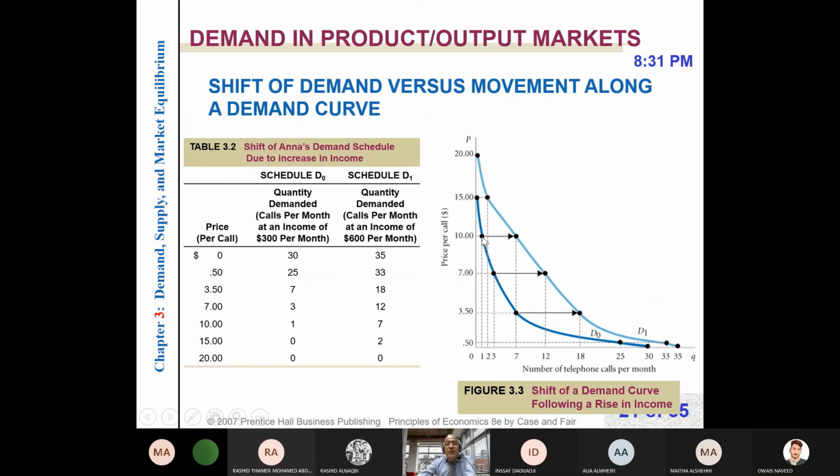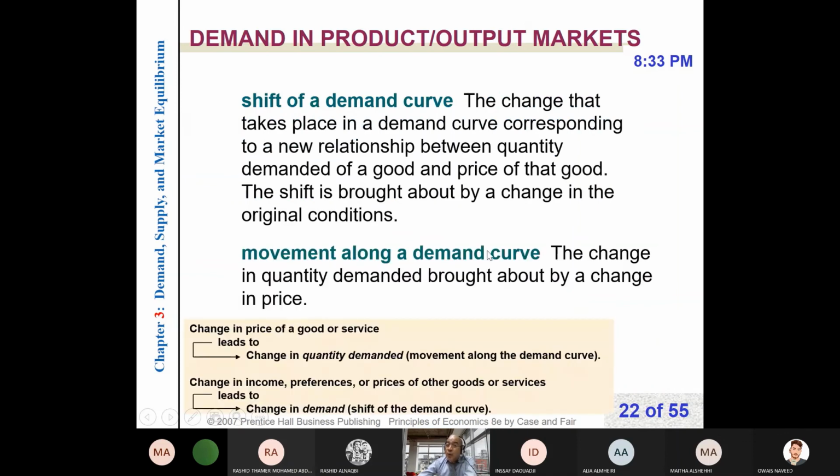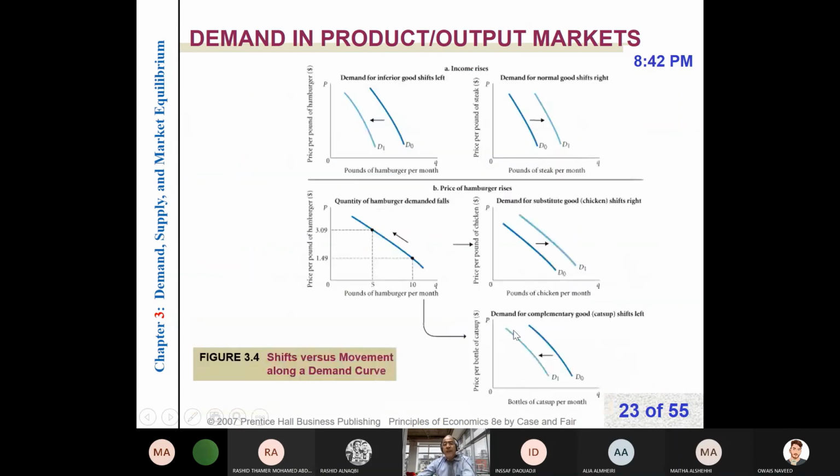But if there is a change in income, the entire demand curve will shift to the right or to the left. It is called a change in demand. Hopefully you got this slide. And this is more practical information.